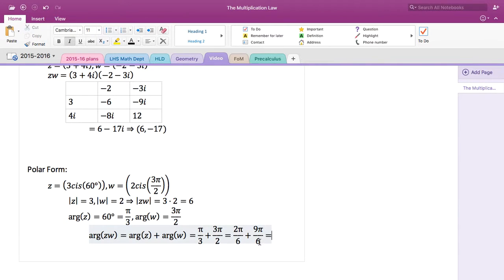The sum is 11 pi over 6, which is 330 degrees, or we can say negative pi over 6, or negative 30 degrees.